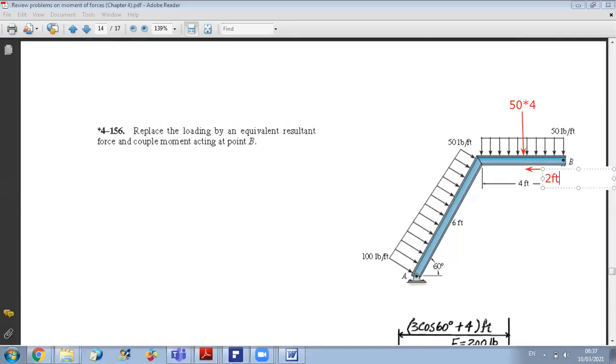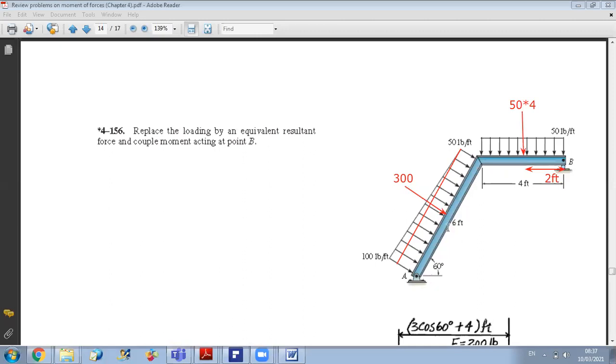Now, concerning the second distributed load, also as usual, I divided it into a rectangular and triangular load. So here I have a force just at the middle for the rectangular load equal to 50 times 6, which is 300. What is a little bit new in this problem is that you have an inclination.